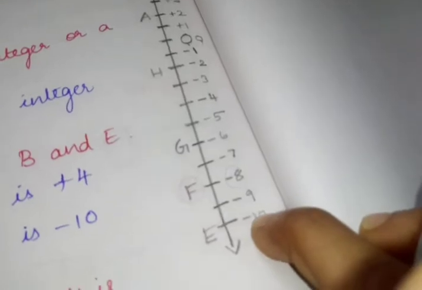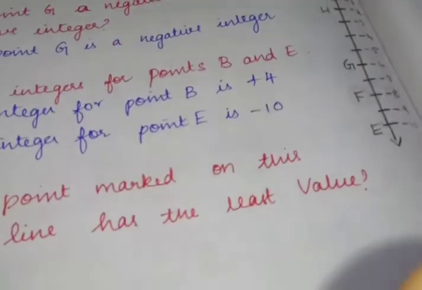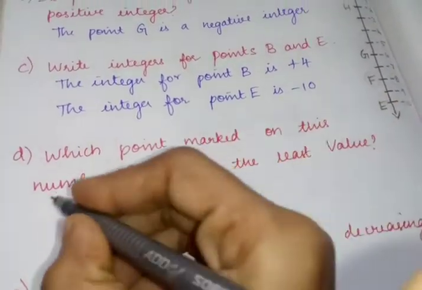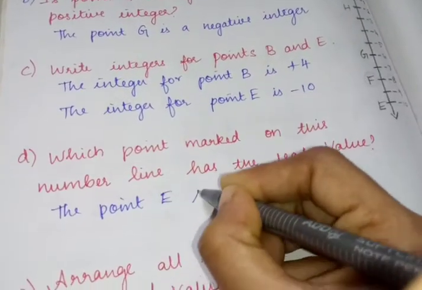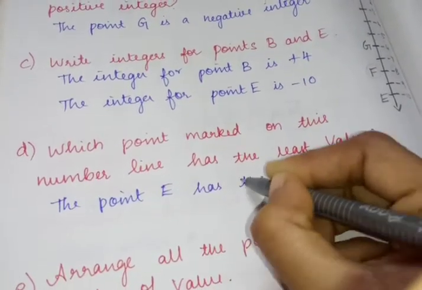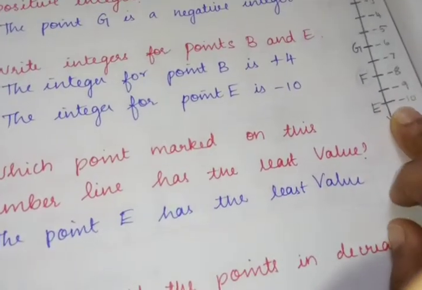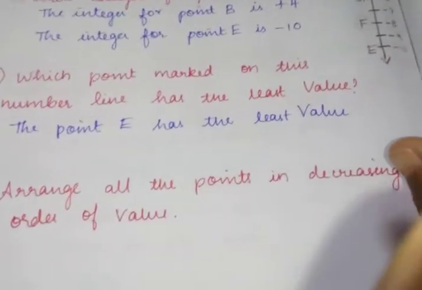Among negative integers, the larger the number, the smaller the value. So capital E is the least value. So which point marked on this number line has the least value? The point E has the least value. Okay? Did you understand? The point E has the least value, very small value.